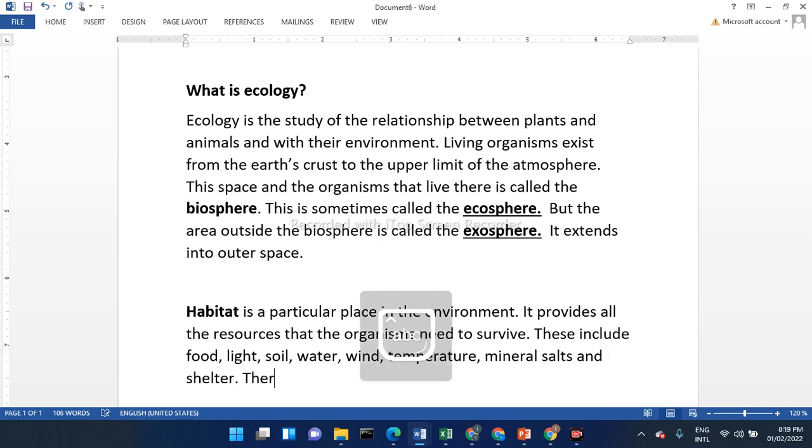Now there are different types of habitats.